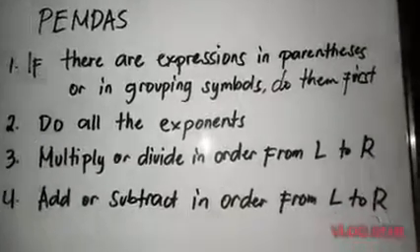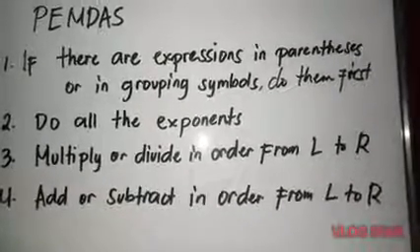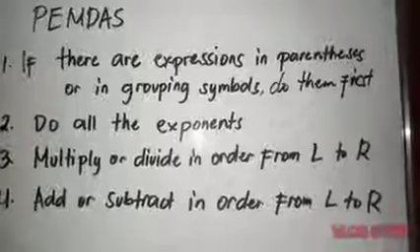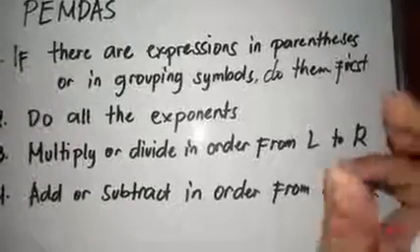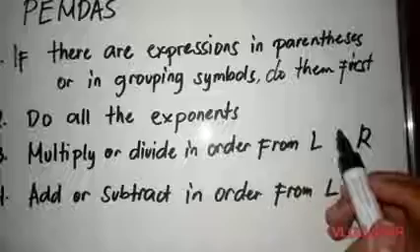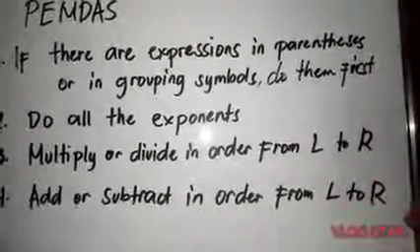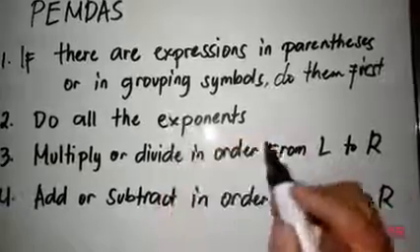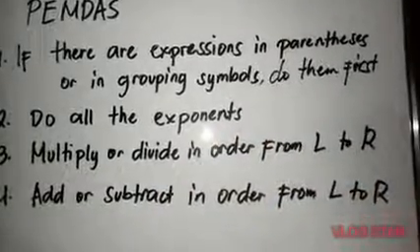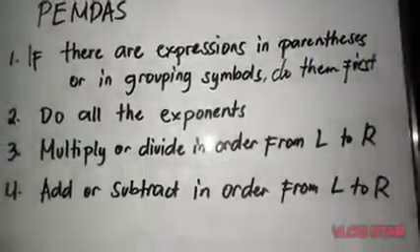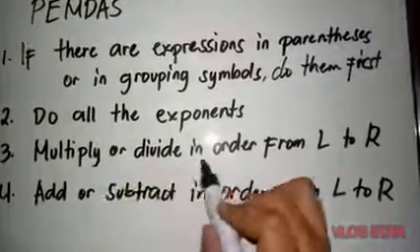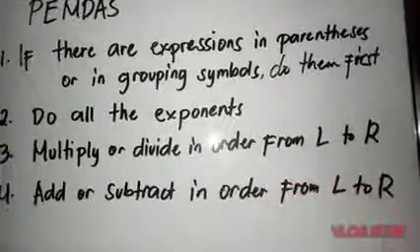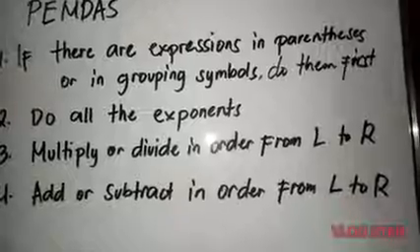Next, do all the exponents. So after you evaluate or solve the expressions inside the parentheses, then that's the time for you to do the exponents. Then the third step is multiply or divide in order from left to right.